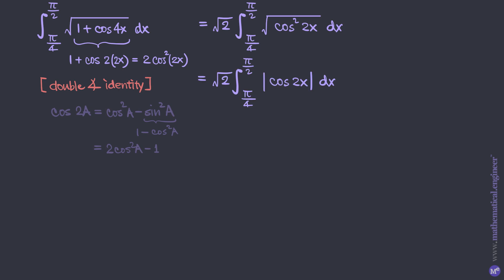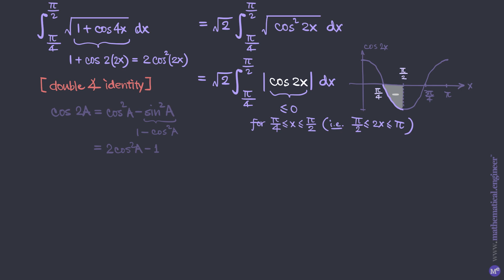A quick reminder here. To evaluate the square root, in general, we need to take the absolute value of what is underneath the root. But here, we can figure out whether the thing underneath the root is indeed positive or negative, and so we don't have the absolute sign that holds us back. Why can we ascertain that? Well, we have a definite integral, so the integration limits tell us the range of x over which cosine 2x travels along.